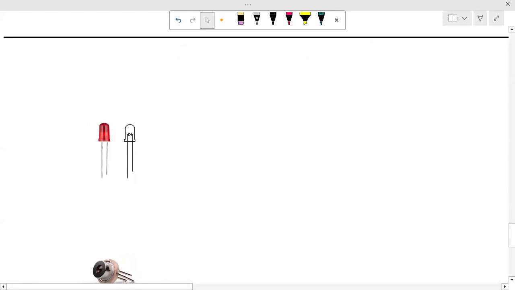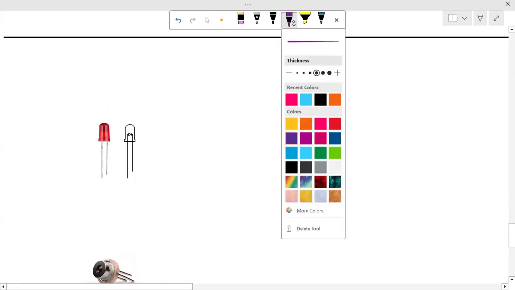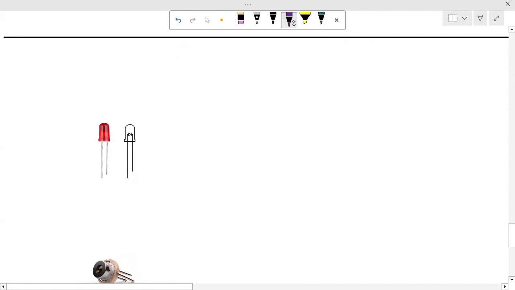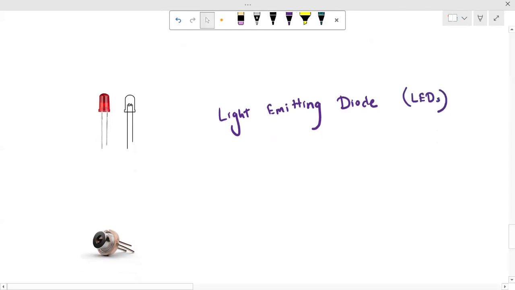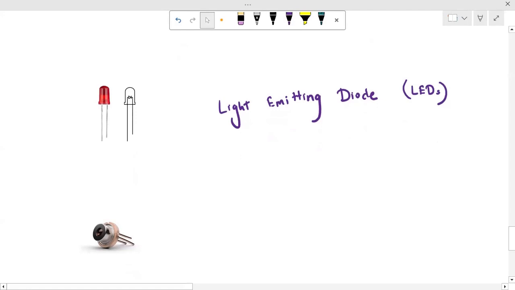Now we're going to talk about the different types of diodes. Diodes can come in different shapes and forms. For example, light emitting diodes, or LEDs, which are more commonly known.